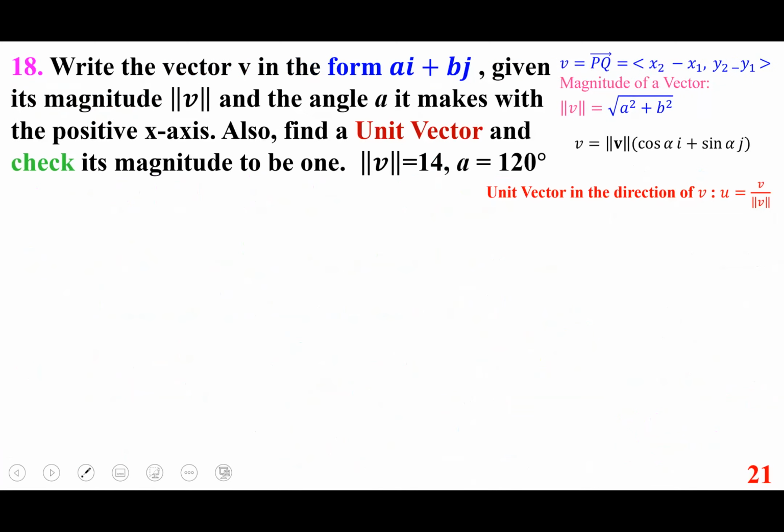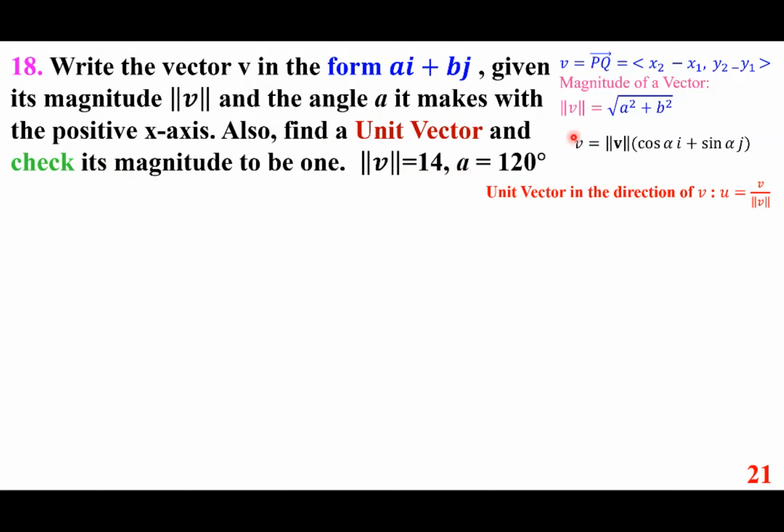We want to write the vector v in the form of ai plus bj, given its magnitude and the angle alpha it makes with the positive x-axis. Also find the unit vector and check. We didn't check it last time. Let's check it here. Where the magnitude is given as 14, alpha is given as 120 degrees.